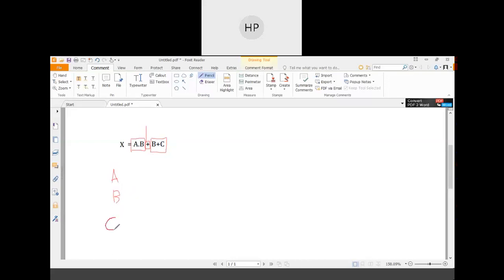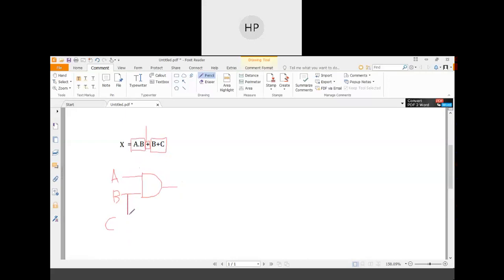First, let's say we have A, we have B, and the third input is C. First A dot B. What is the gate? AND gate. A dot B means it's an AND gate.